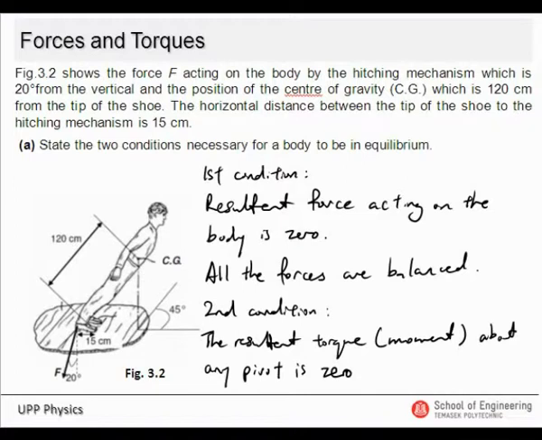What does this mean? This means that the sum of the anti-clockwise moment is equal to the sum of the clockwise moment about any pivot taken on the body.